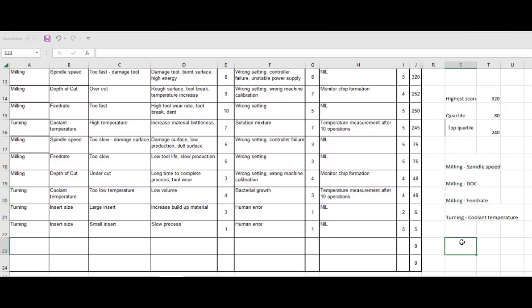And again, at this point, these inputs are only based on our assumption. It means that we only assume these inputs will have an effect on the surface roughness. Okay, so in the analyze phase, we will validate whether these inputs have a significant effect on the surface roughness or not.